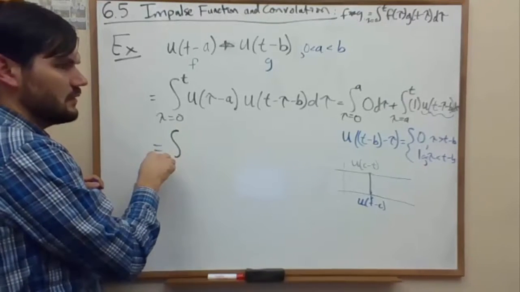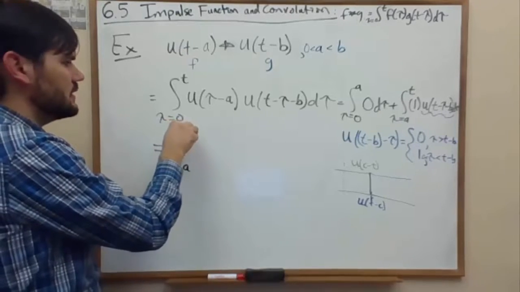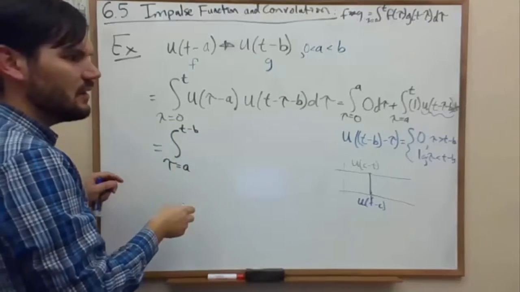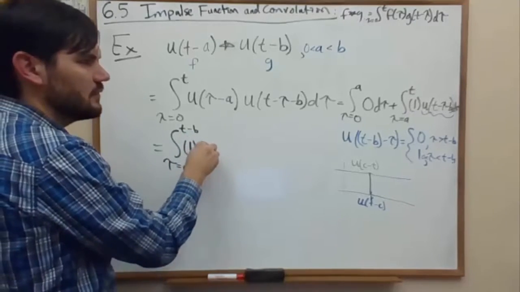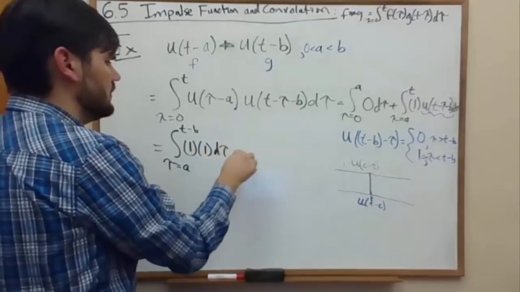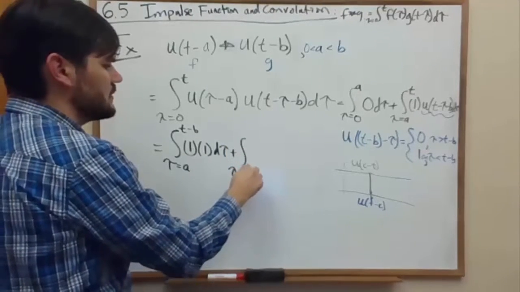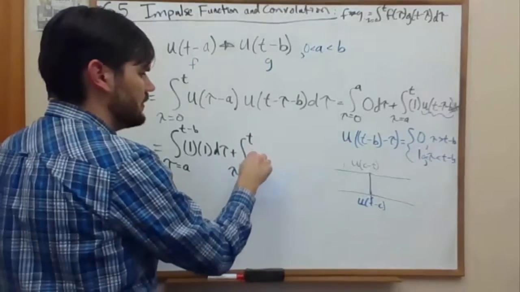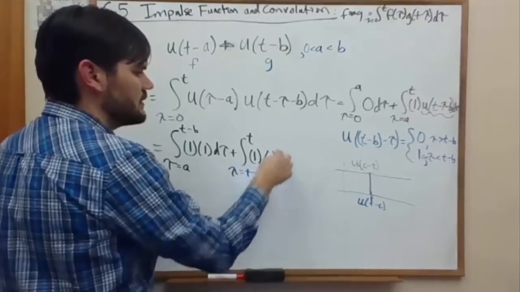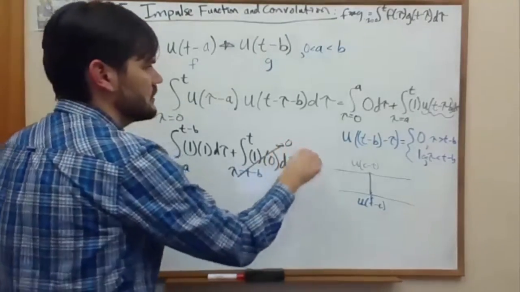Going from tau equals a to t minus b, along that value we have a 1, and then the integral from tau equals t minus b on up to t, along that value we have a 0. So that's gone.